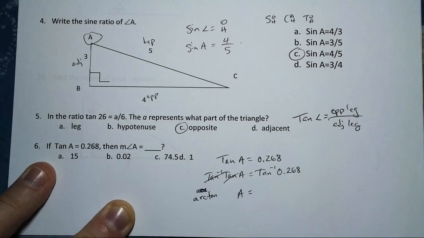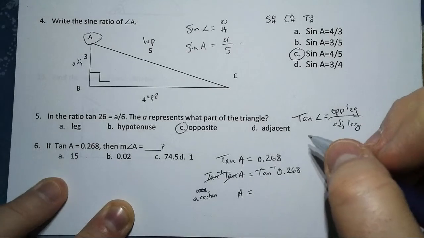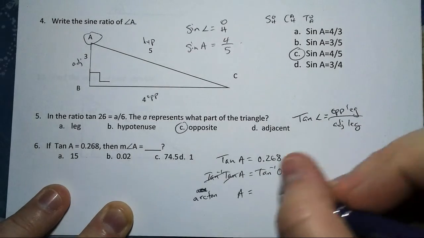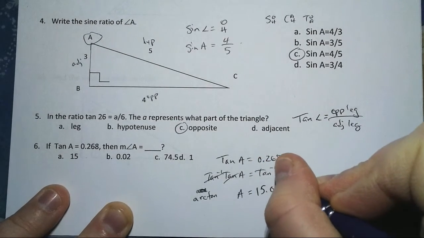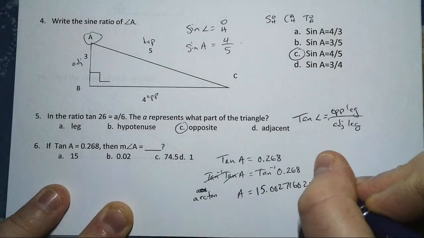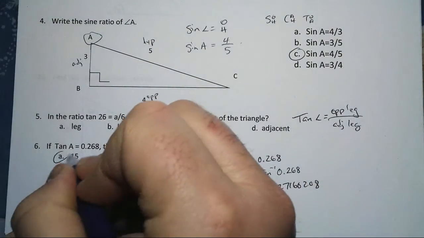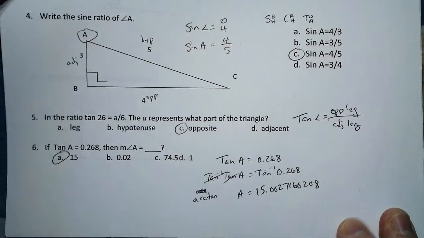We get A is equal to, and then we just bust out the calculator, trig, tan inverse, and then 0.268. We hit enter, and we get 15.0027160208, and obviously that is closest to 15.